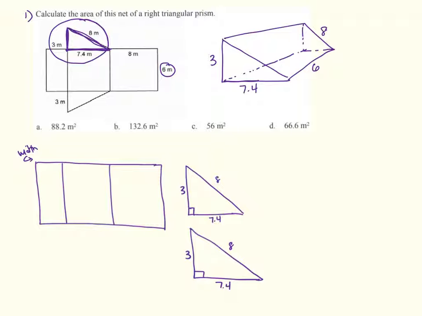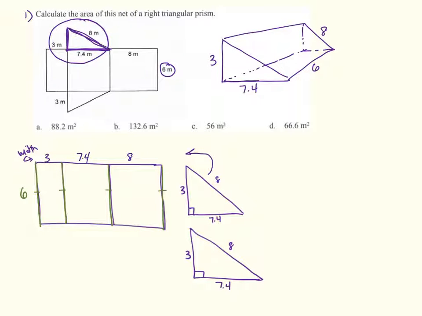The 3 legs of the triangle are going to label the width of each rectangle. So let's make 3 here, 7.4 here, and 8 here. Then the only thing that's missing on those rectangles is the length of each one, and we get that from our model up above, so it's going to be 6. So 6 is the length for each one throughout that big rectangle.